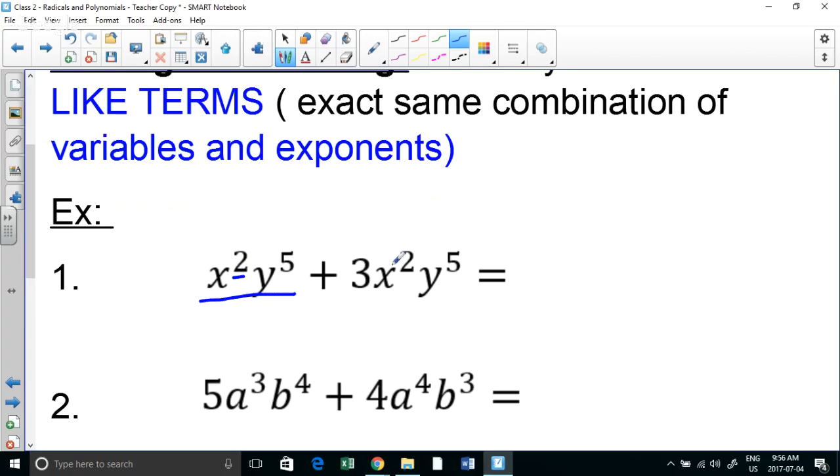We have a 2 on the x and a 5 on the y, which means that these are identical. So I add the coefficients. In this case, I have a 1 in front, with 4x squared y to the 5. That's simple. Check your variables and then add the coefficients.